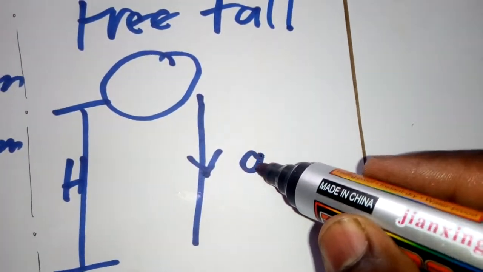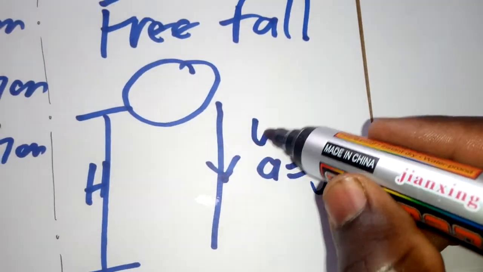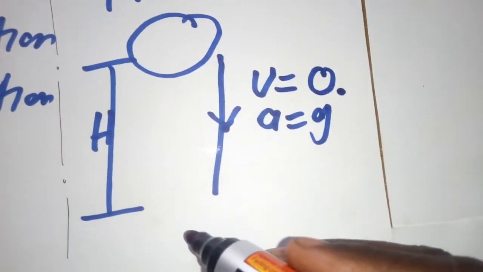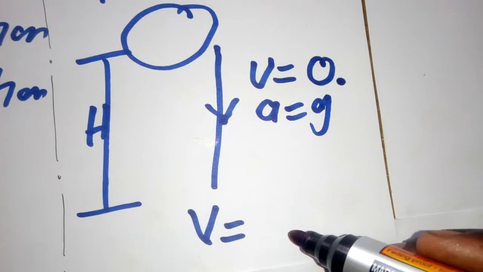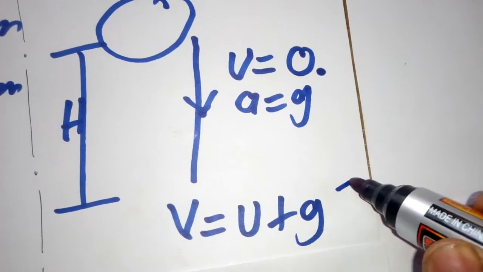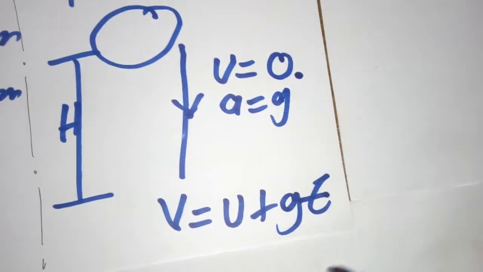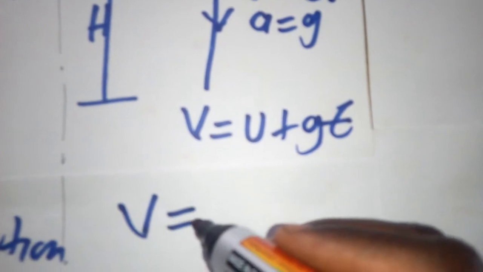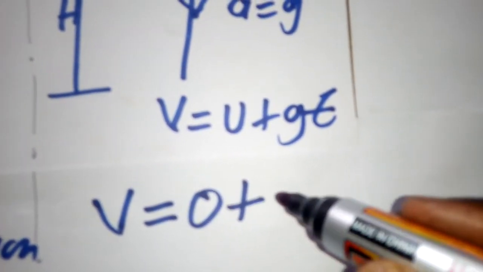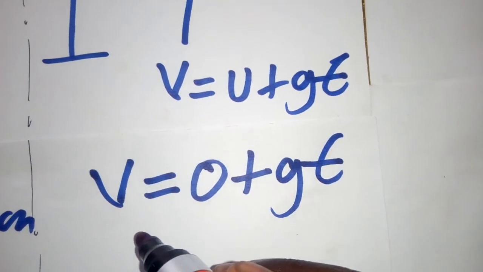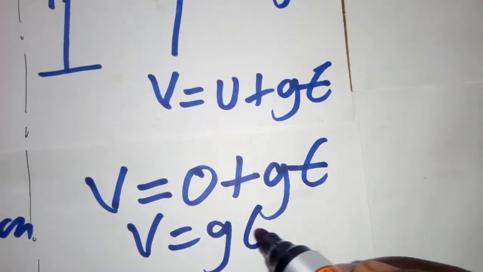That means acceleration is g, but the initial velocity u is 0. So from the equations of motion, v is equal to u plus gt. But now my u is 0, meaning v is equal to 0 plus gt. Meaning I have v is equal to gt.